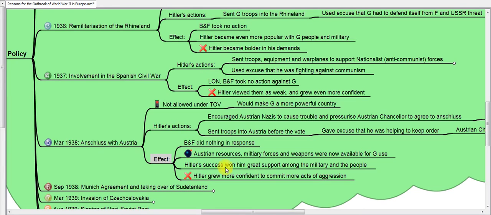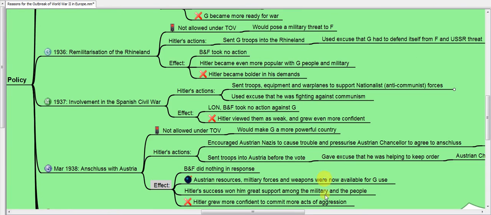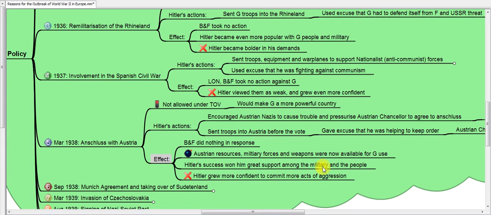Okay, Hitler now, because of his success, won even more support, especially among the military, but the people in general. And bad, because Hitler grew even more confident to commit more acts of aggression once again. Okay, so now Hitler becomes more confident. He's already got his troops involved in fighting, and now he's taken over a piece of land which did not actually belong to him.